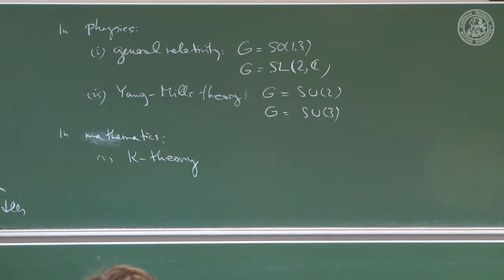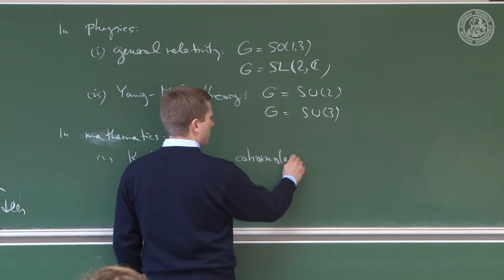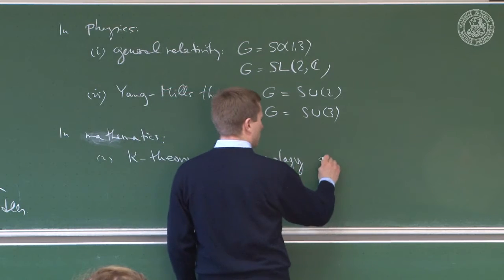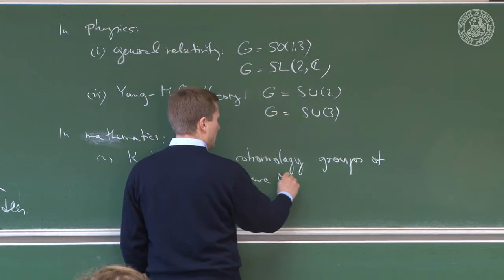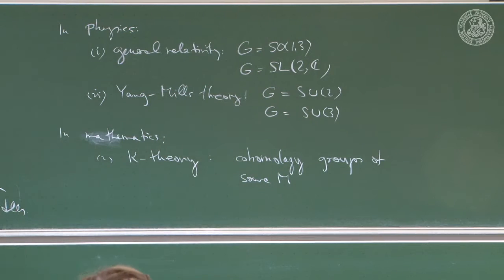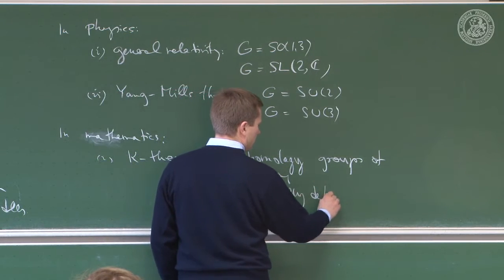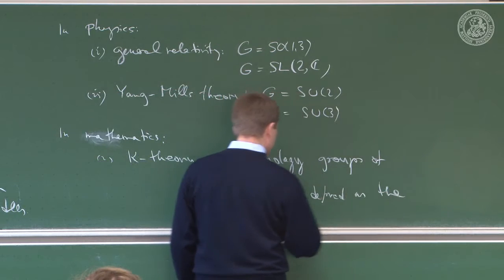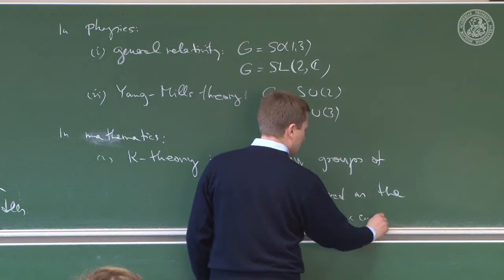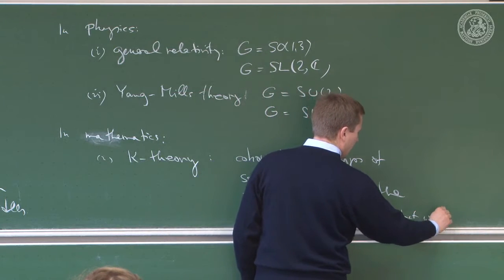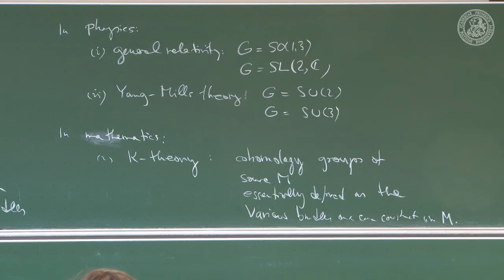And in K-theory, roughly speaking, the cohomology groups of some manifold M, and I told you about the cohomology groups, right, are essentially defined as the various bundles one can construct over M. And principal bundle techniques and bundle techniques in general are of course important there.